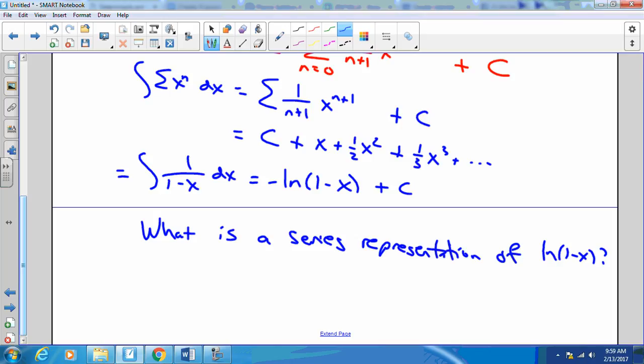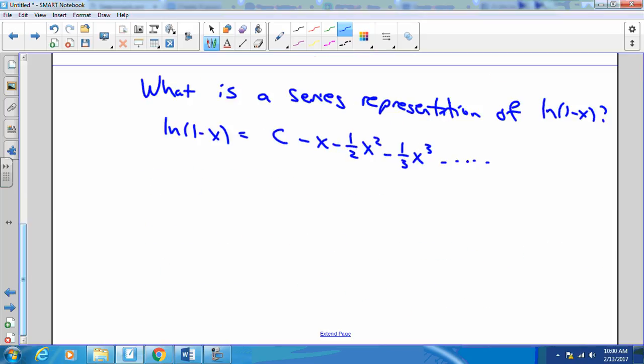So let's first of all take the opposite and say that ln of 1 minus x is going to be some constant c minus x minus a half of x squared minus a third of x cubed, dot dot dot. And now let's find the value of c by plugging in a known value. Specifically, I'm going to plug in x equals 0, the center of the interval of convergence. If x equals 0, then I get ln of 1 minus 0 is equal to c plus nothing. And therefore c is equal to 0.